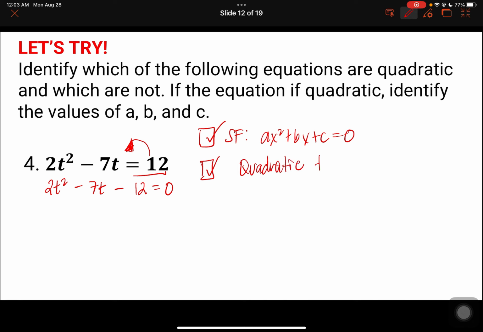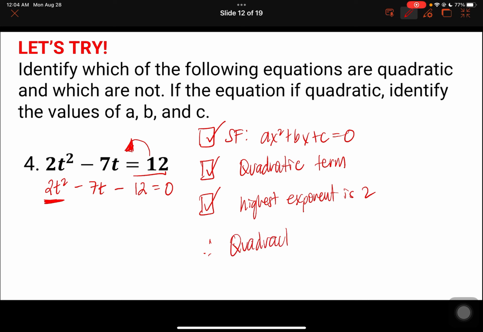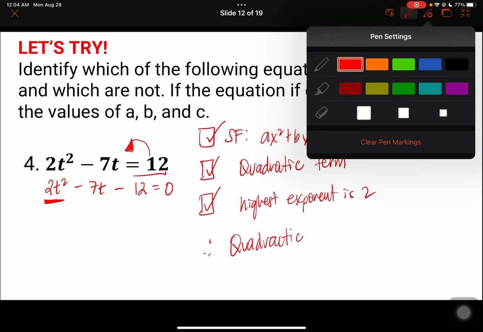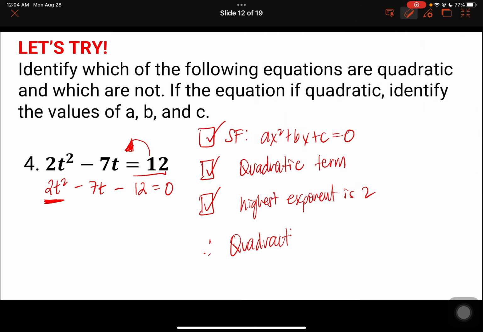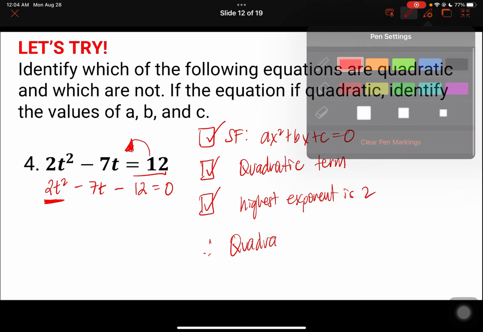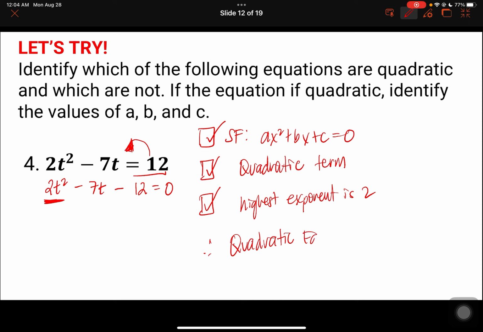Meron po ba tayong quadratic term? Yes, meron po tayong naka t squared. Okay? And please check kung yung t squared na ba o yung highest exponent ba natin is 2 na. Yes, it is 2. So, therefore, it is a quadratic equation.